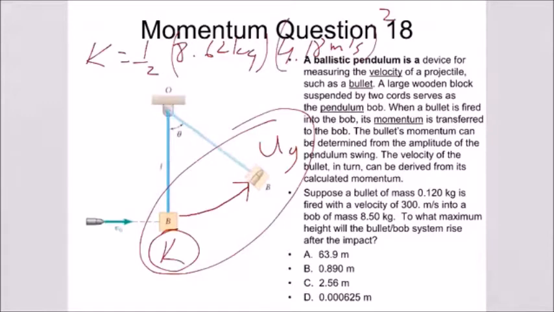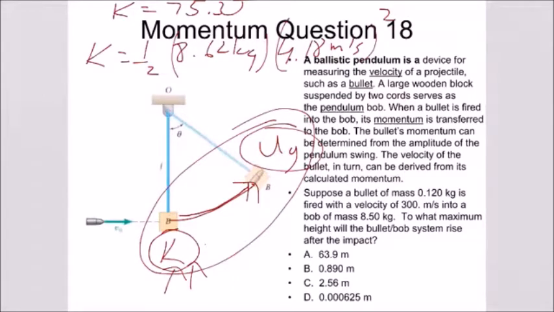Do the math on that, and that gives us 75.3 joules. So we're assuming that that's how much kinetic energy the bob has at this point right here, and that as the bob swings, all of that kinetic energy is converted to gravitational potential energy here.